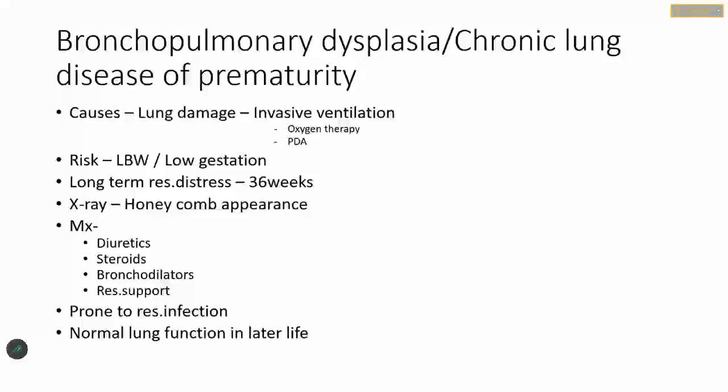To reduce the inflammation and to increase the surfactant level, we give steroids, and bronchodilators to dilate the bronchial system. And if we need, we will give respiratory support, which can go up to intubation and ventilation.